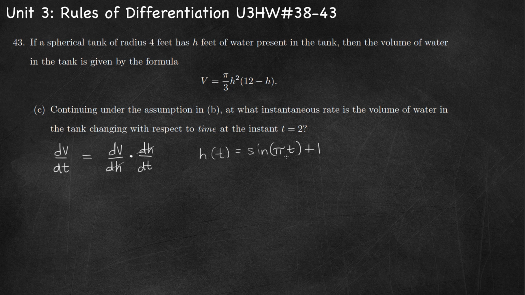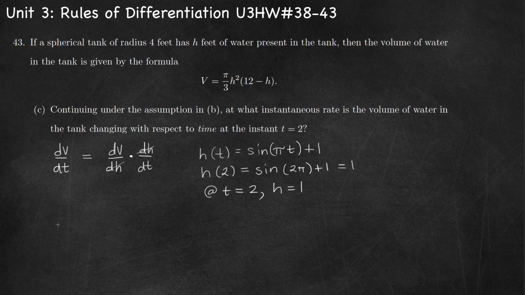So at the instant when t equals 2, h of 2 is sine of 2 pi plus 1. And the sine of 2 pi is 0, so this is equal to 1. So when t is 2, h is 1.